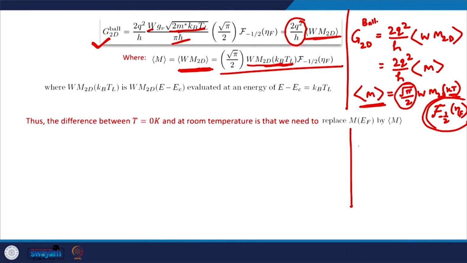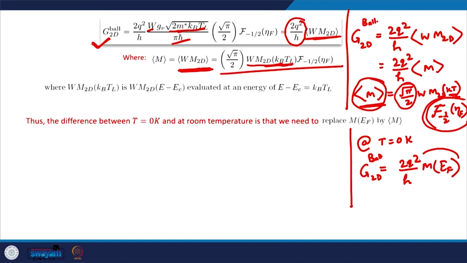That is true for the non-degenerate cases. And if you recall that at T equal to 0 Kelvin, the conductance was essentially 2q square by h M EF. So, what changes at room temperature is this.